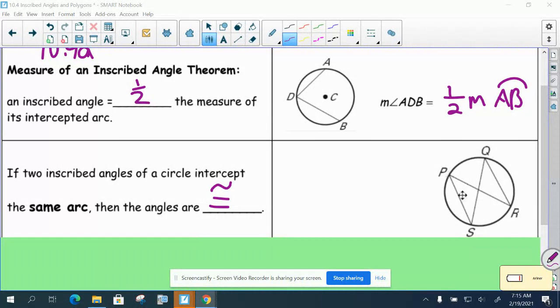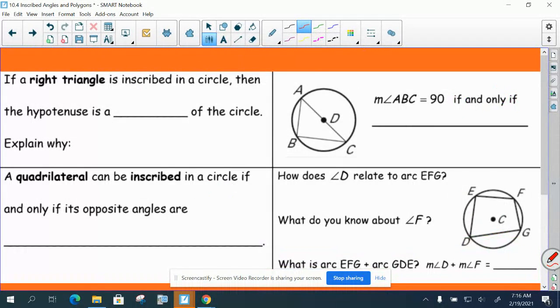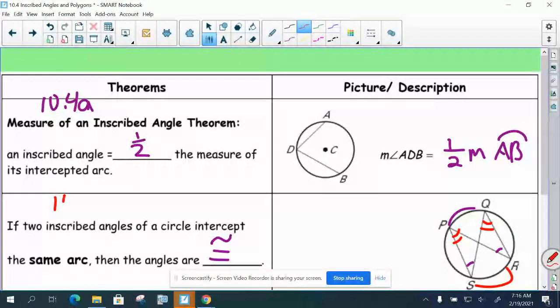If you look at angle PSQ and PRQ, they both intercept arc PQ, so they're congruent. If you look the opposite way at arc SR, you've got angle SPR and angle SQR. Those are also going to be congruent because they both intercept arc SR. We'll call that 10.4b.